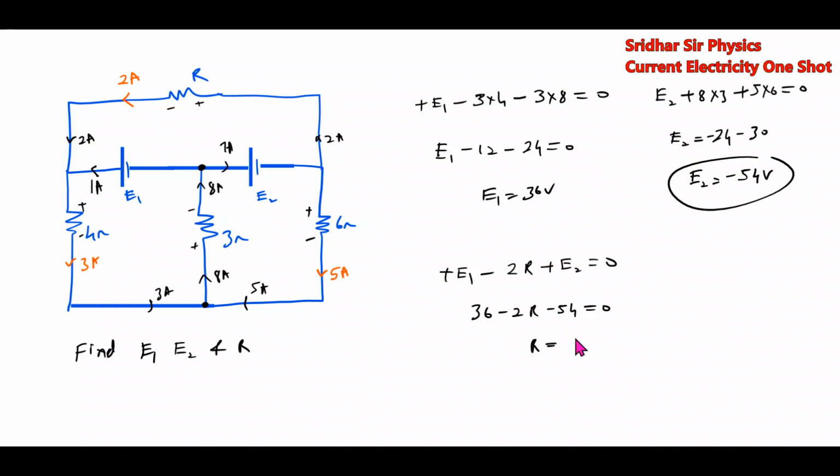R equal to 54 minus 36, which is 18, so 18 by 2 will be 9 ohm. Here we are applying the KCL at this branch, KCL again at this branch, then applying the KVL. And this is a very fundamental thing which is very important for exams.